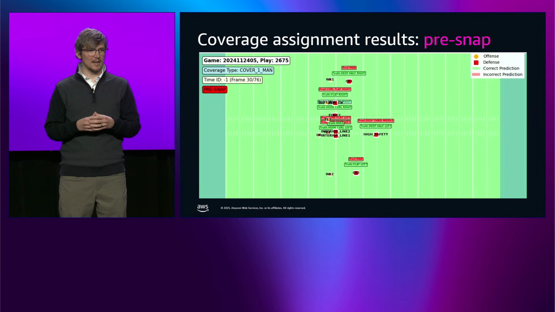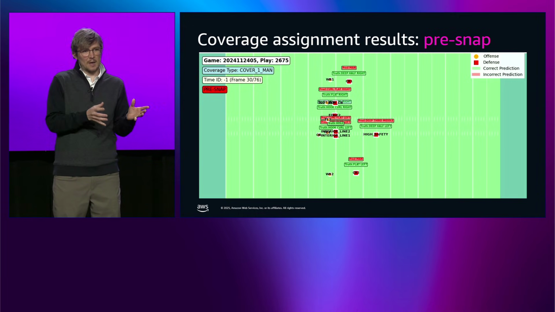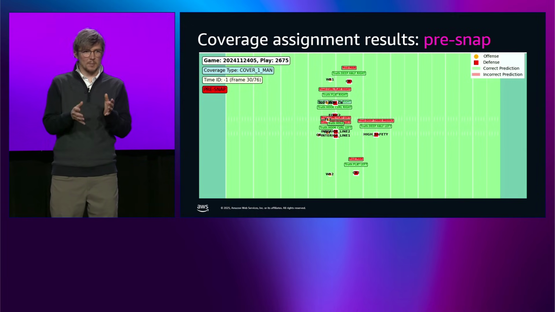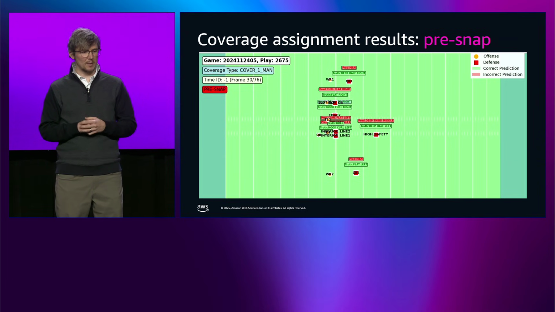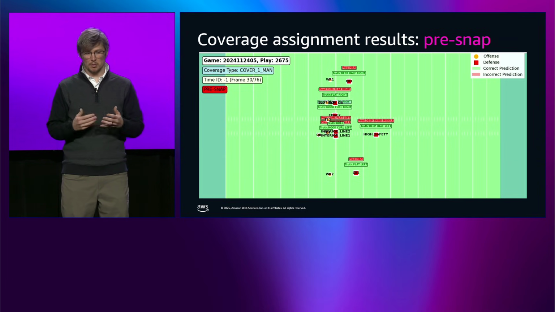So it's used to seeing data that's just pre-snap data. It's used to seeing data that overlaps, maybe 3 seconds prior to ball snap, as well as all the way out to the pass arrival. So just with pre-snap data alone, the model's able to make predictions.